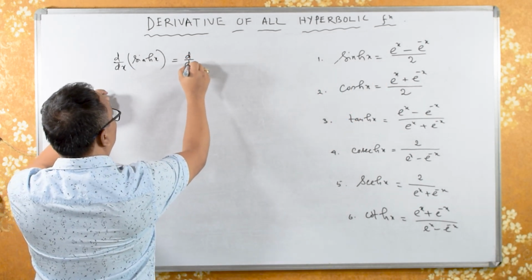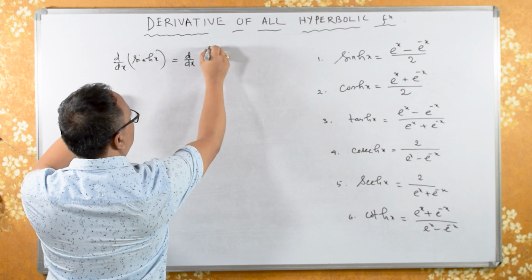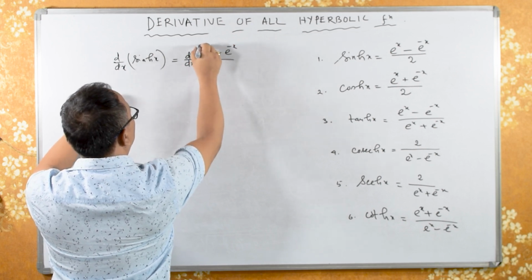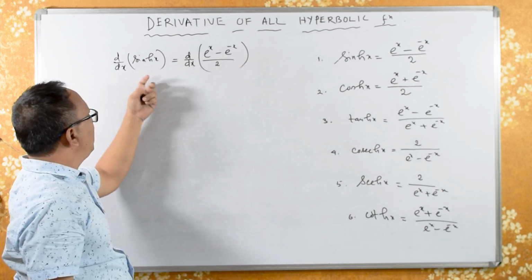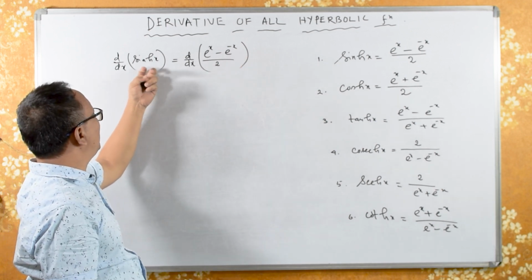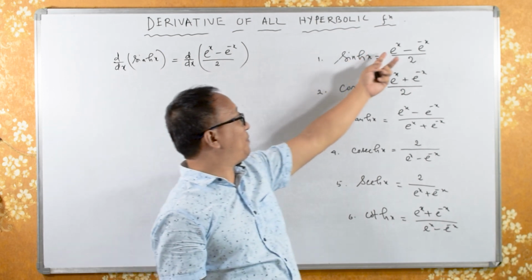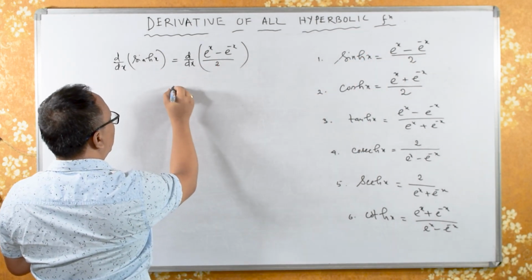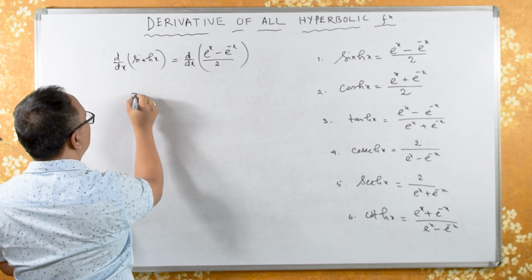d by dx of e raised to x minus e raised to minus x upon 2. What I am doing is just substituting the sinh x formula, this. Okay. Now since 1 by 2 is constant, I can send it outside. This is same as 1 by 2.